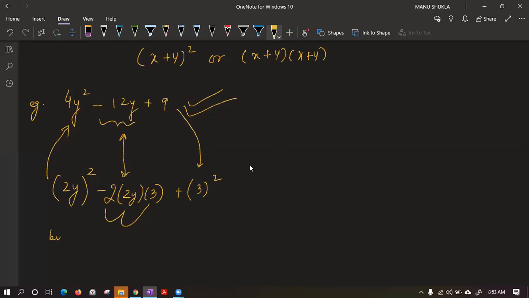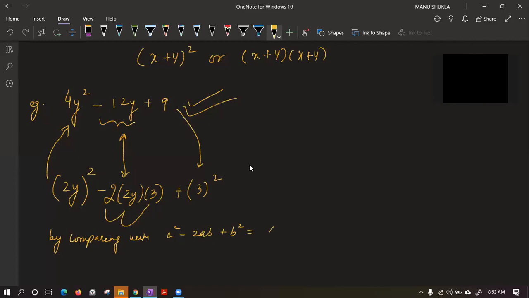So we can say, by comparing with a square minus 2ab plus b square is equal to a minus b whole square, what do we get? A is equal to 2y, b is equal to 3. Just put in the answer and you will get the answer, a minus b whole square.